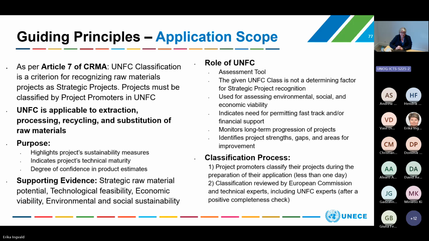And when you classify, you will need supporting evidence. You will have these evidences that you need in the other parts of the application. For those of you who joined the Info Day organized by DG Grow last week, they explained a lot about the entire application form.